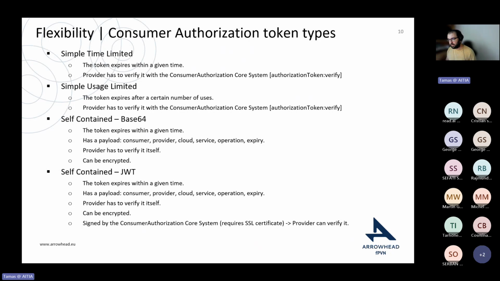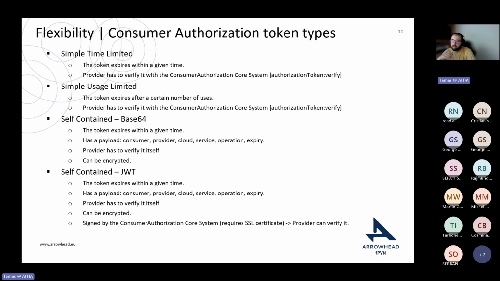This string token should be sent to the consumer authorization core system, and it will respond back that, okay, this token is still valid or not, and who is the consumer, which is the consumer's cloud, what was the service definition and operation that this token was made for, and the provider can use this method to check these time-limited tokens before it would proceed with its service logic and respond to the consumer.